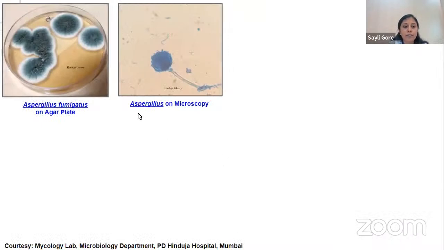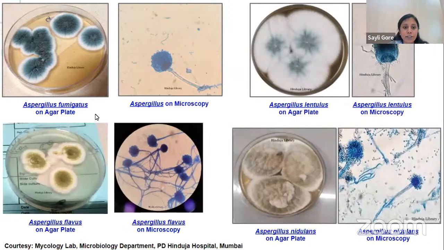Now, coming to the Aspergillus species, such as Aspergillus lentulus, flavus, and nidulans. Their colonies appear blue to green in color.